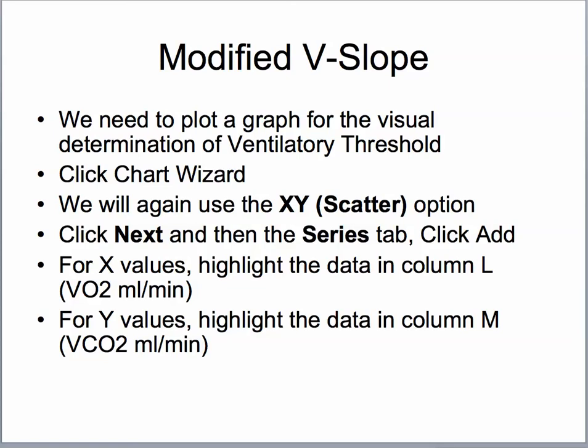With this, we're just going to use a chart wizard. We're again going to use an XY scatter plot. We are going to use column L, which is VO2 in milliliters per minute, as your X, and column M, right next to it, which is VCO2, again in milliliters per minute, as our two columns.